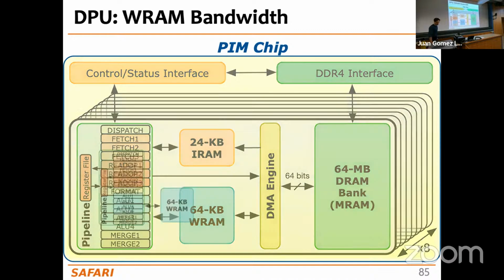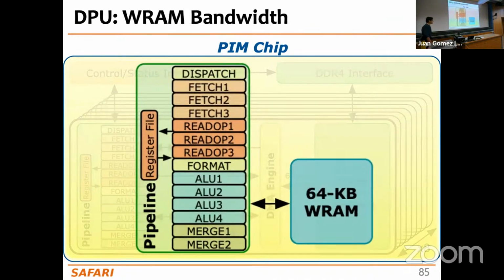So first of all, we start with the WRAM. In this case, it's going to be a relatively simple analysis, because as you see, the WRAM is accessed directly from the pipeline. So in the end, one access to the WRAM is going to be as costly as one operation in the ALU. Same as in every single cycle, one instruction retires, so we can say that the throughput of this pipeline is one instruction per cycle.